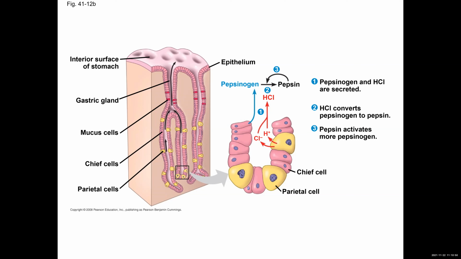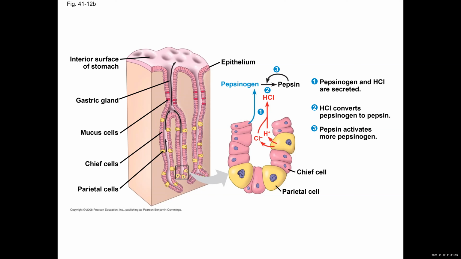One is that we're trying to digest proteins. Proteins become denatured, that is, their three-dimensional structure unfolds, when they're in a low pH environment. And so helping to denature the proteins allows the protein digesting enzymes to access their structure so that they can snip them apart.